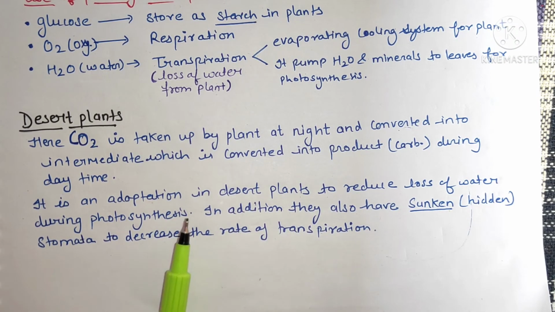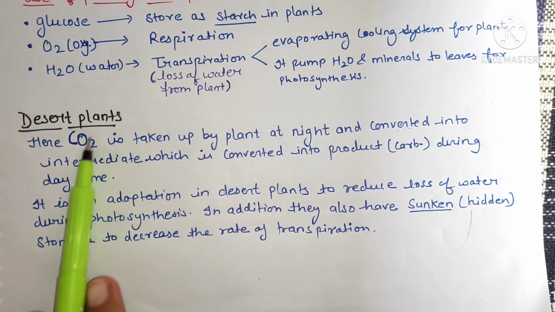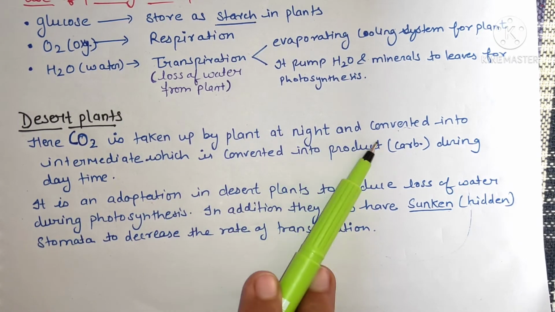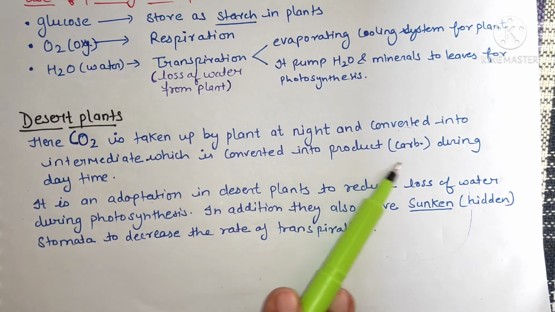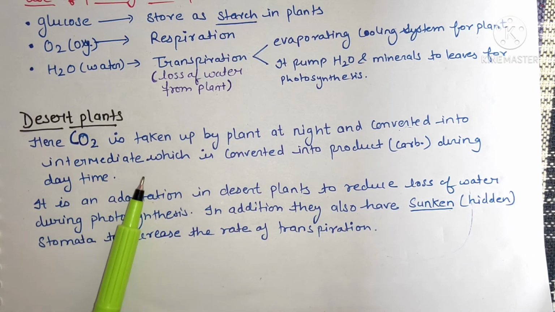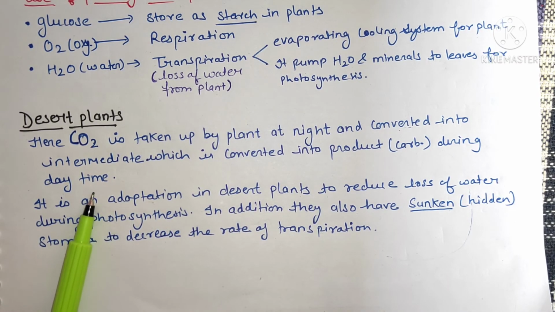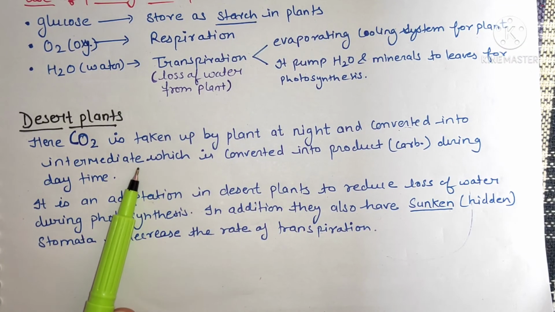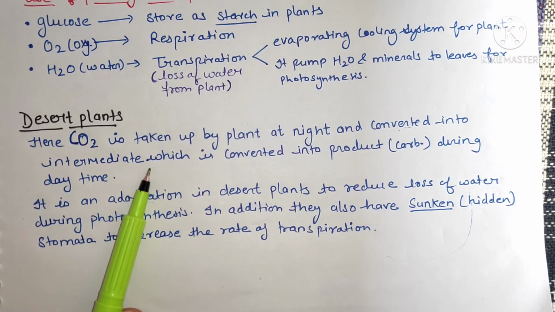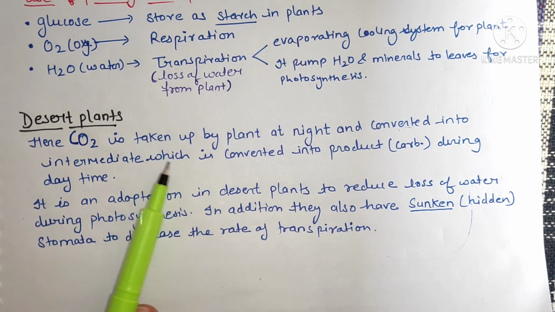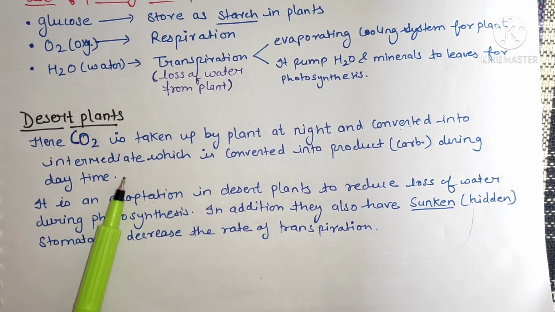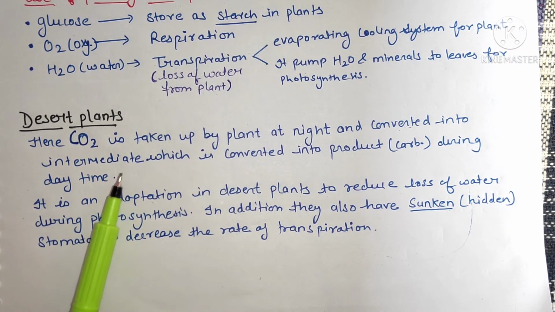In desert plants, they take in carbon dioxide at night and convert it into an intermediate, which is converted into the product, that is carbohydrate, during the daytime. So the order of photosynthesis events is different in desert plants as compared to plants grown with plenty of water, because in deserts there is a scarcity of water.